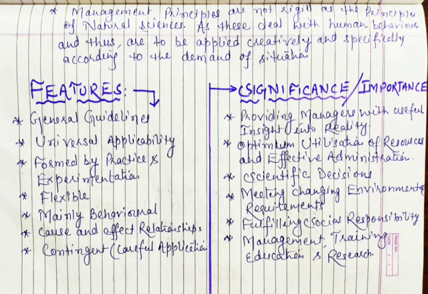So that's why these principles are contingent, that is, these are applied carefully according to the demand of the situations. So these are the features of principles of management which we have discussed till now.